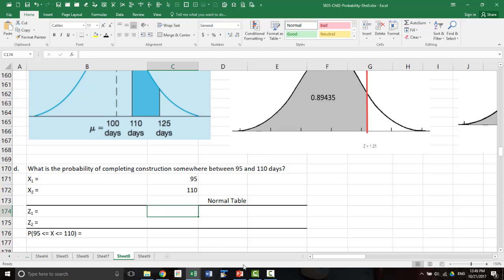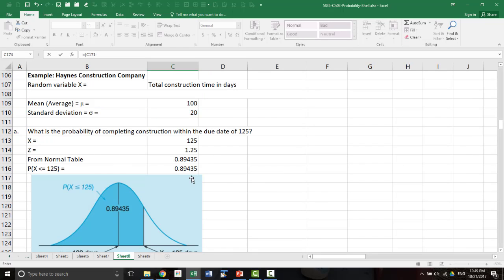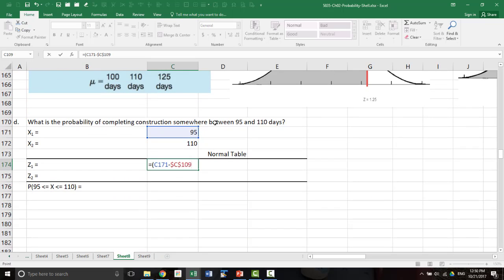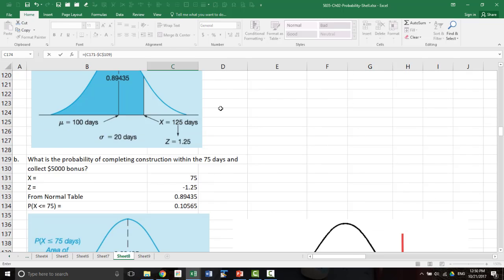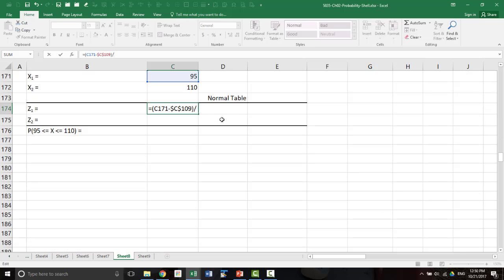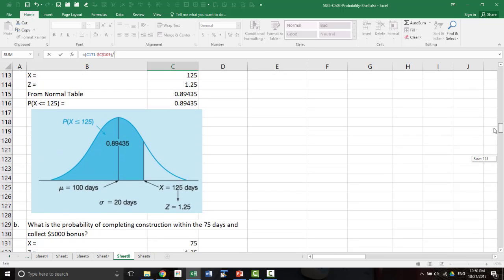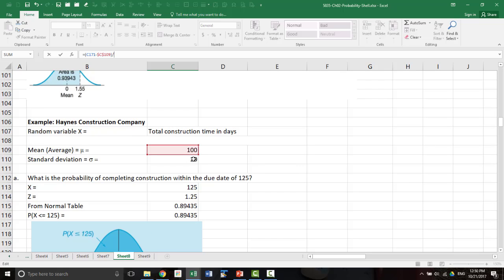So 95 and 110 are the two values, and we want the probability between those two values. So now we can convert these two x values into corresponding z's: x minus mu, that absolute reference, divided by sigma, an absolute reference.